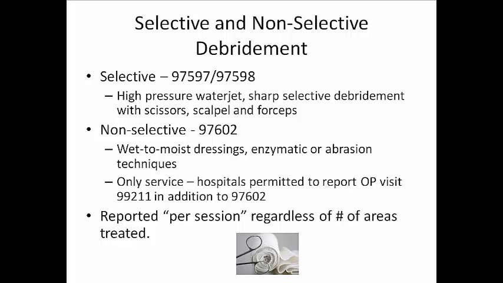If non-selective wound care management is provided as the only service, hospitals are permitted to report an outpatient visit code of 99211 in addition to the 97602. And these codes would be reported per session regardless of how many areas were treated.